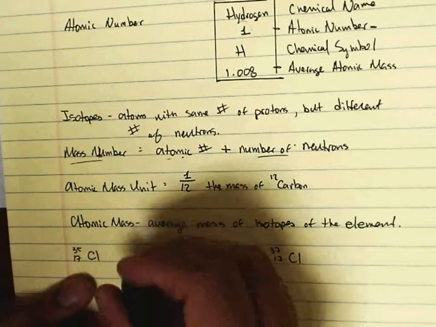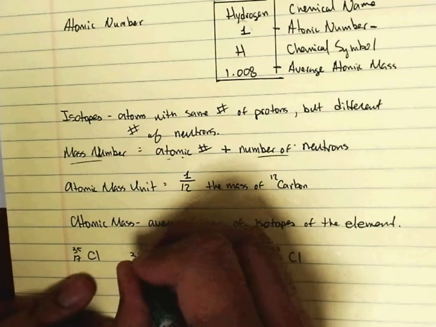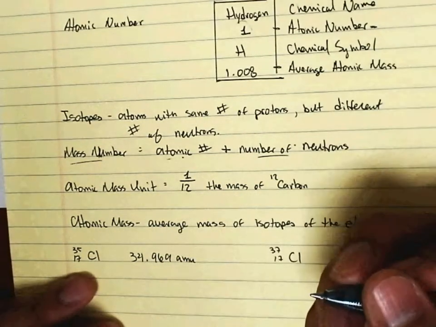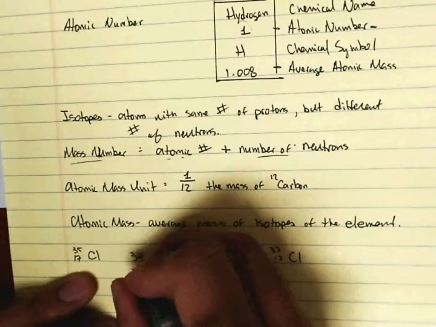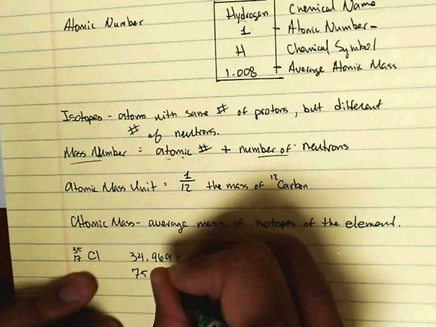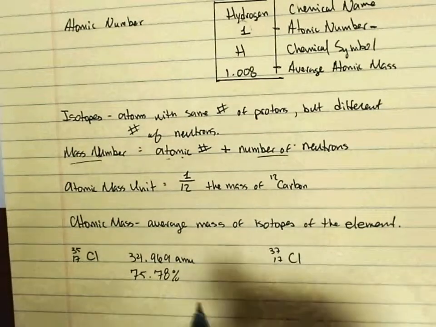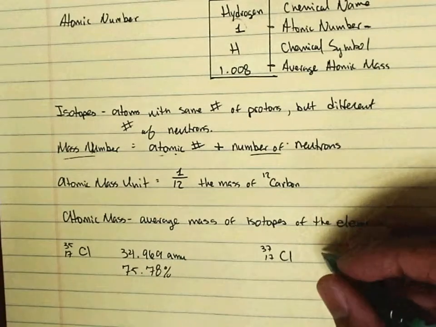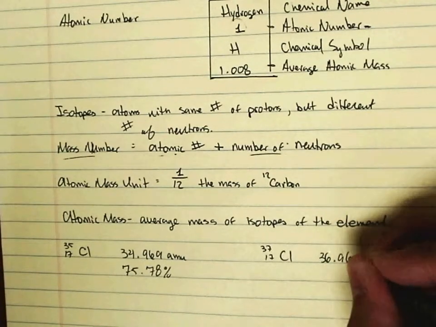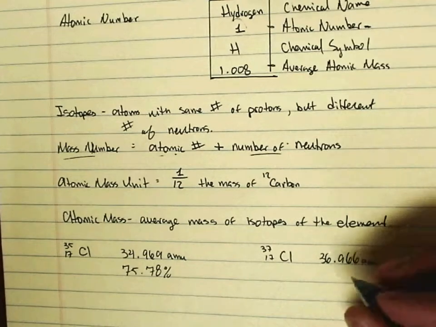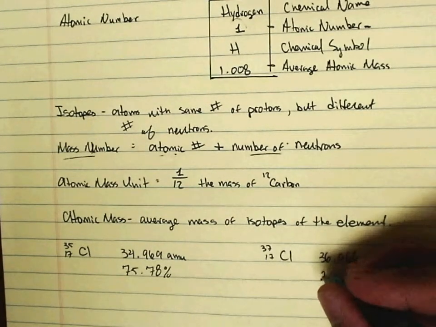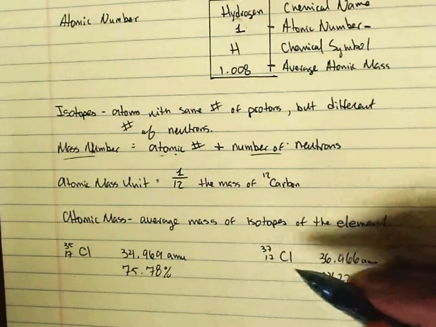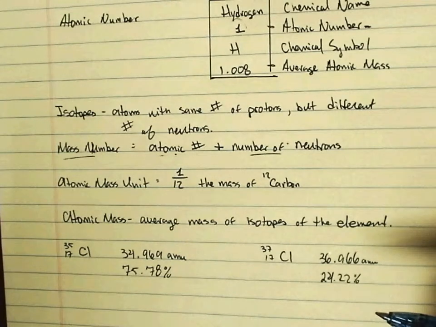The atomic mass of chlorine 35 is 34.969 atomic mass units, and 75.78% of all the chlorine we have is chlorine 35. Then we have chlorine 37. The atomic mass of chlorine 37 is 36.966 AMU, atomic mass units, and 24.22% of all the chlorine in the world would be chlorine 37.